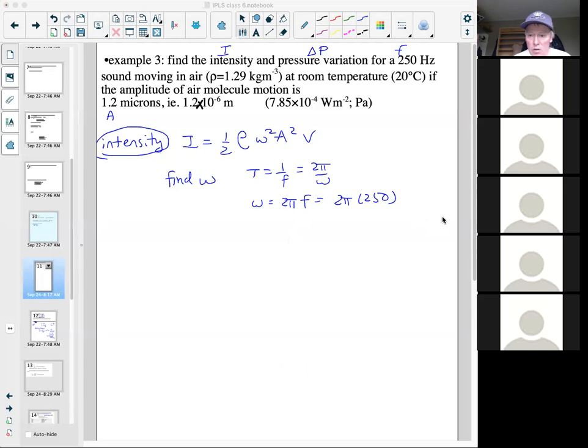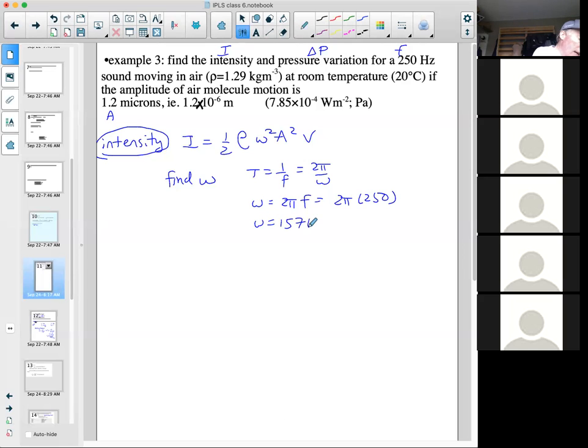So this is just like 1571, and it has units of radians per second. We'll also have to find the speed of that sound wave. Again, it depends on air temperature, which is given.